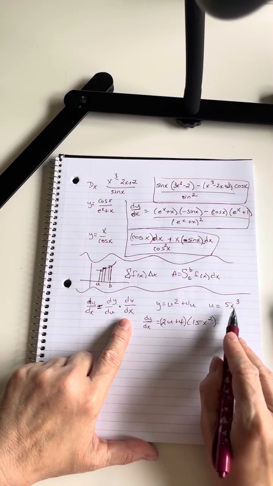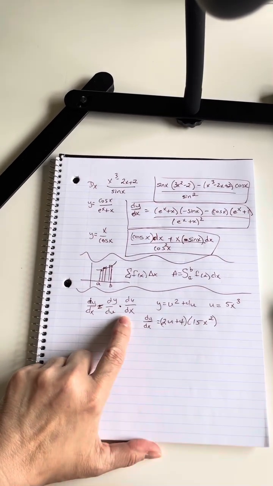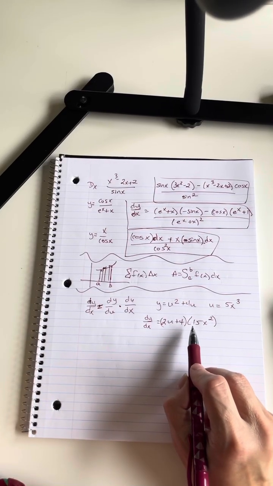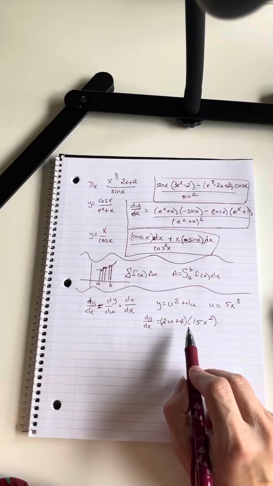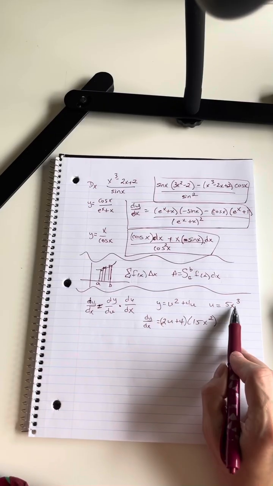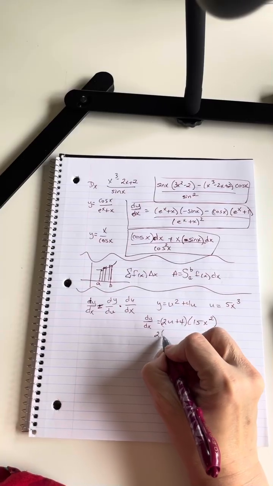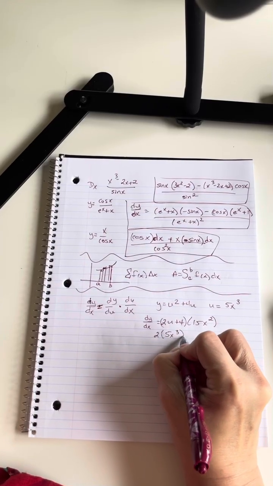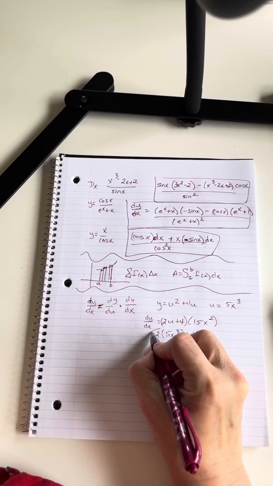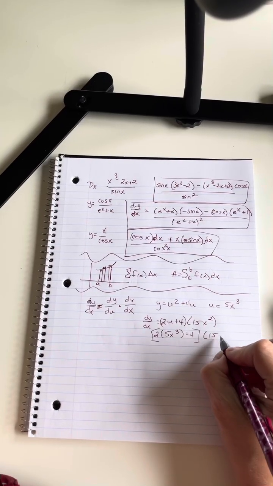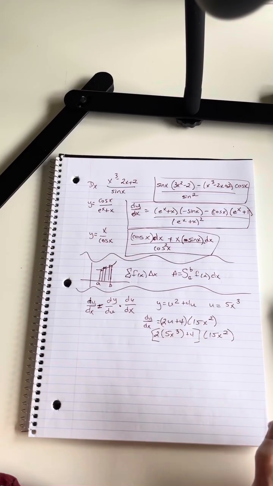That's the deriving of both of those and multiplying them together. Now, I'm not finished with the problem because although I've done the deriving, I still need to substitute back in what this u was into the answer. So 2 multiplying with 5x cubed plus 4, and all of that is still multiplying with the 15x squared.